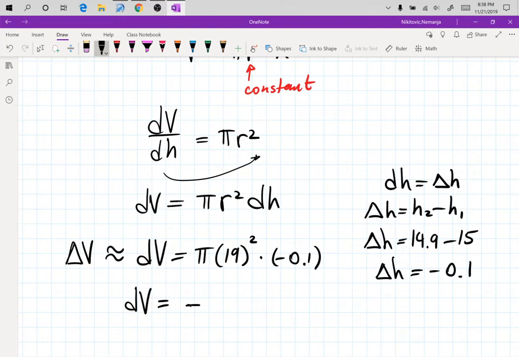So I have 19 squared times pi times negative 0.1 for a total of negative 113.4 units cubed, whether it's inches, millimeters, or whatever. 19 squared times pi divided by 10. Let's say it's good.